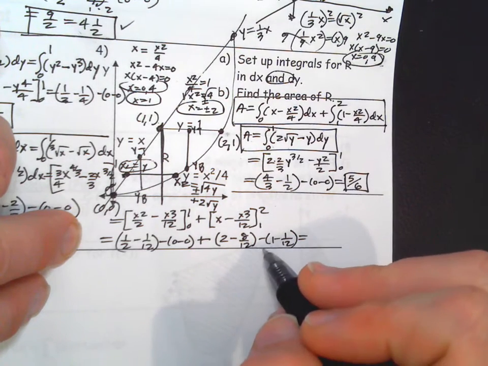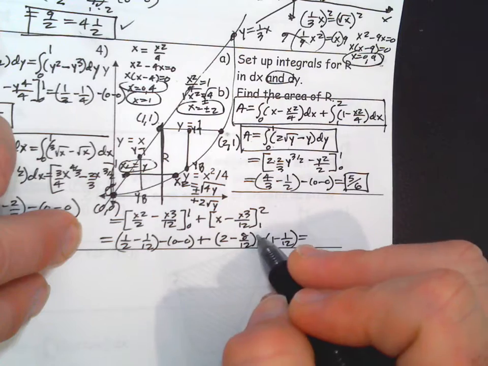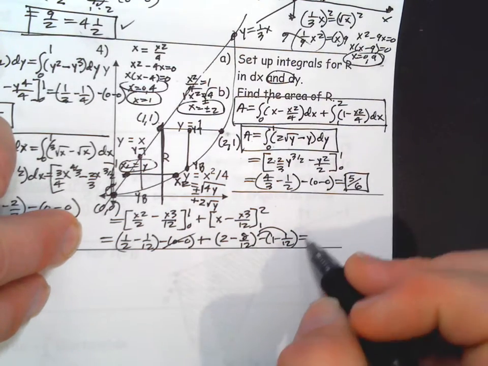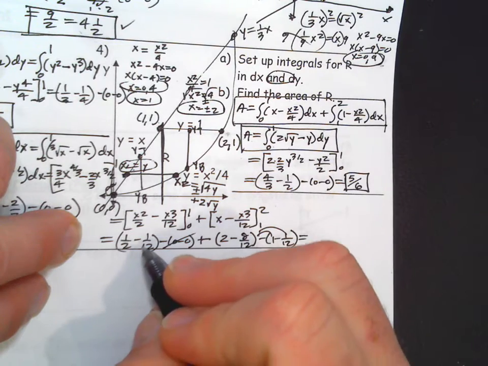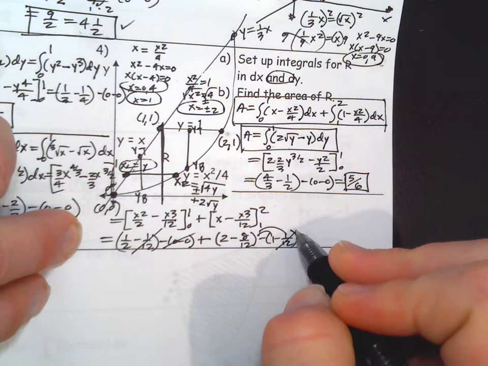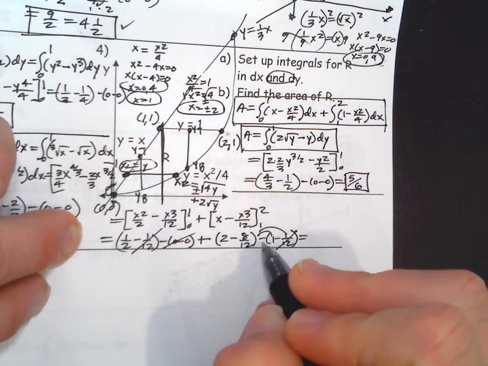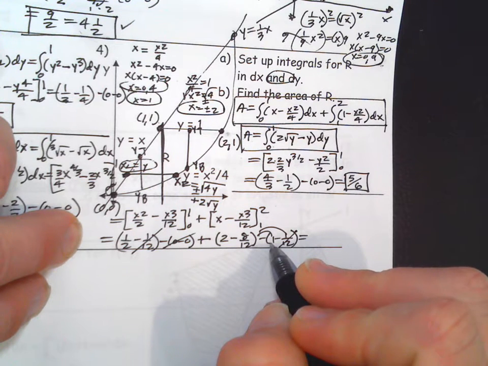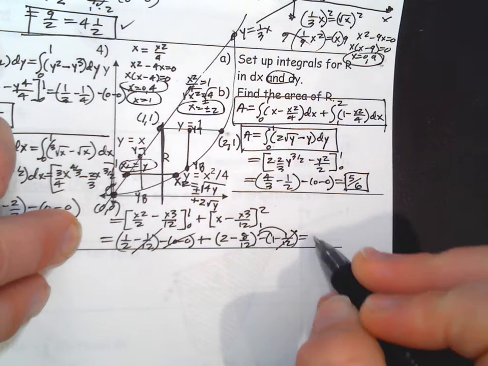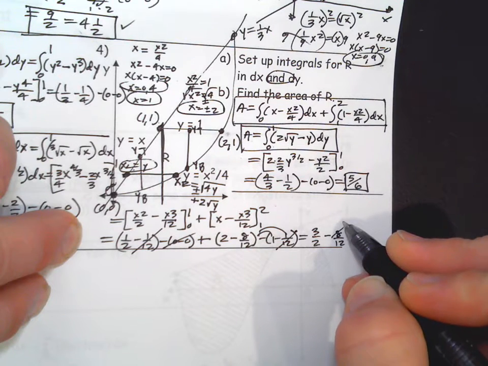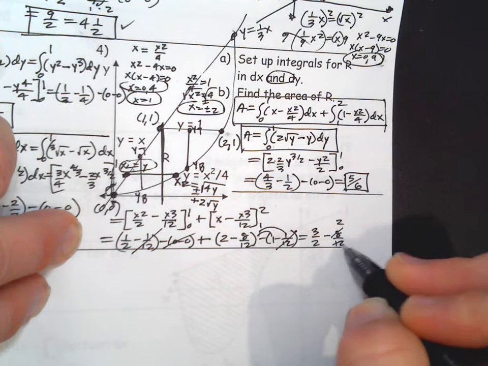Okay, what's the easiest way to distribute the subtraction? That goes away. So we're going to have a plus 1 12th here and a minus 1 12th here, so they cancel each other out. And then we have 2 minus 1 is 1, plus 1 half is 3 halves, minus 8 twelfths, which is 2 thirds.